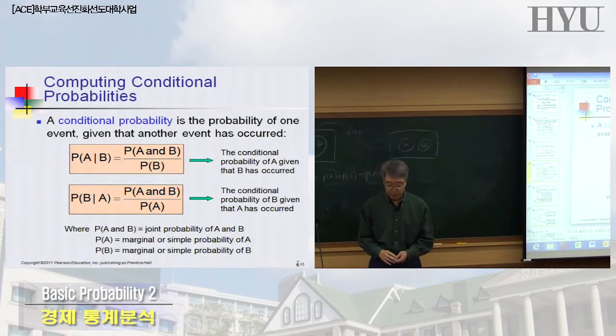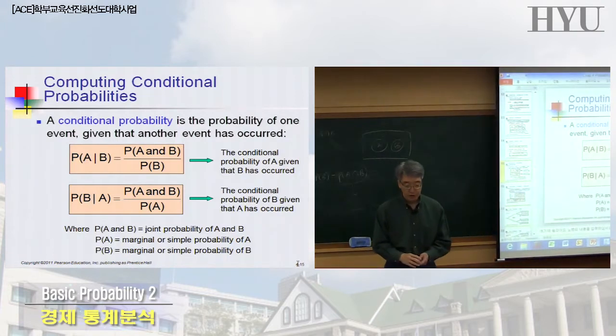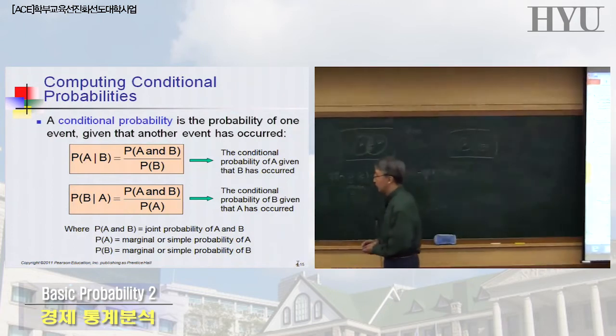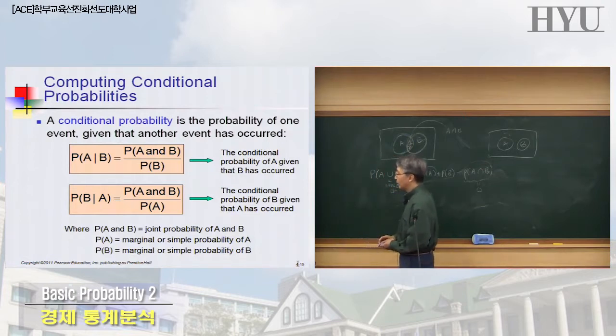Now, based on the concepts of marginal probability and the addition rule, we can talk about conditional probability. This is a very interesting and useful concept. Conditional probability is the probability of one event given that another event has occurred.